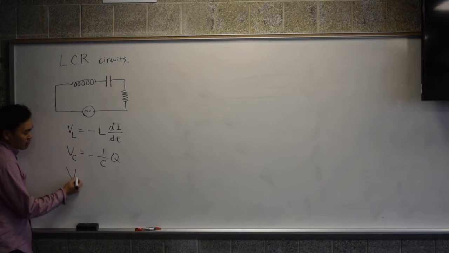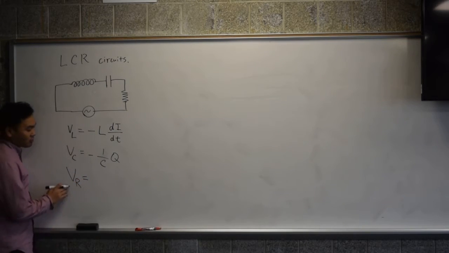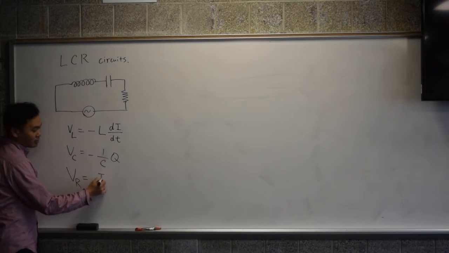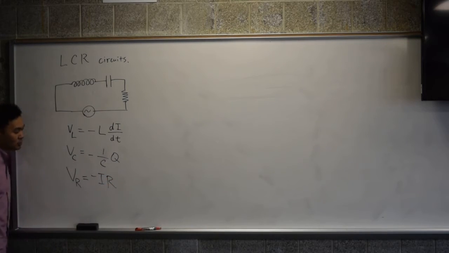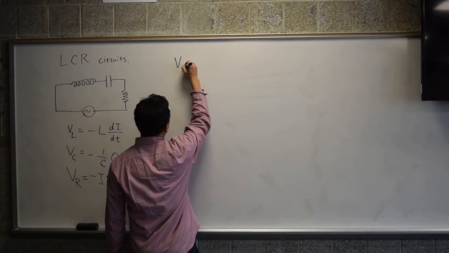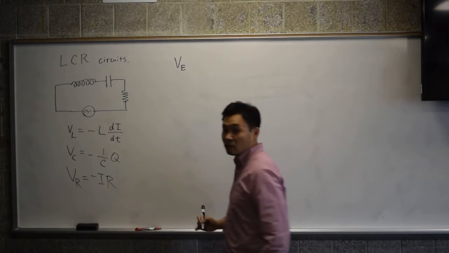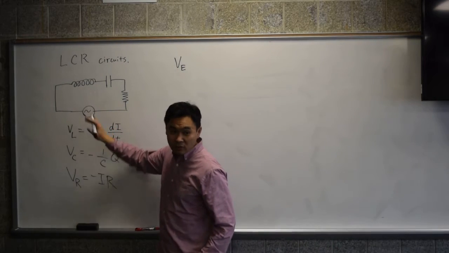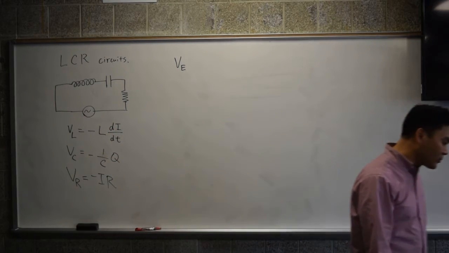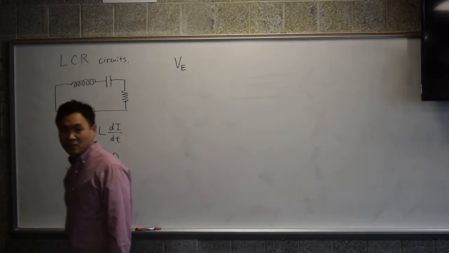And the voltage drop across a resistor is the famous Ohm's law. What is it? V equal to IR. Very good. That's what we have. And then if I say VE is the external voltage, the voltage source, then there's Kirchhoff's rule.